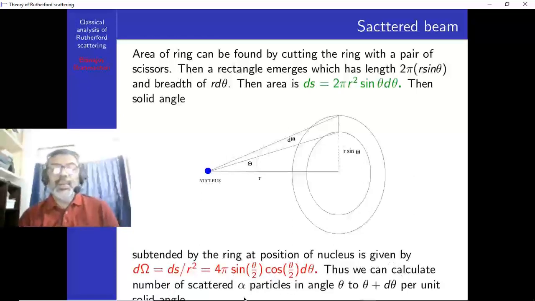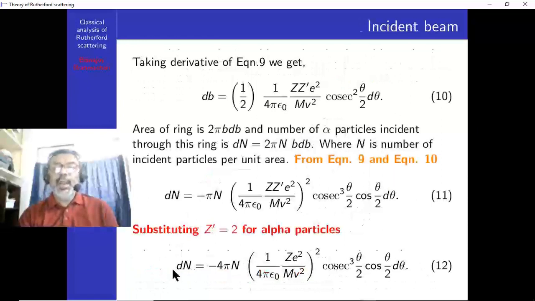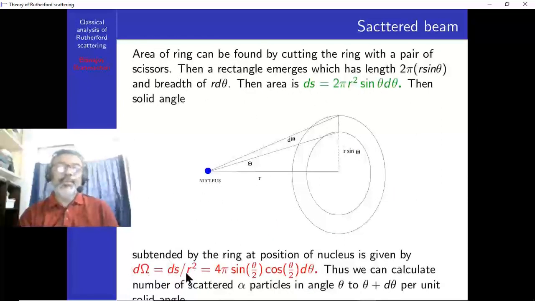So thus we can calculate the number of scattered alpha particles in angle theta to theta plus d theta per unit solid angle. All of them have gone through theta to theta plus d theta, but we have to calculate per unit solid angle, because this ring has subtended the solid angle d omega. That means we have to divide by d omega. dn we have got already, and then we have to divide by d omega.